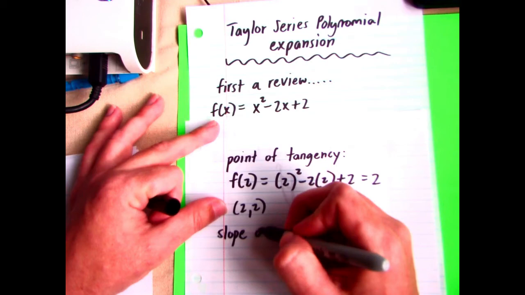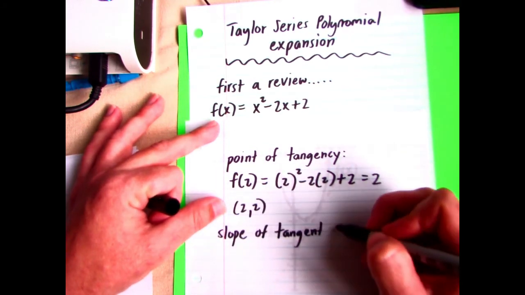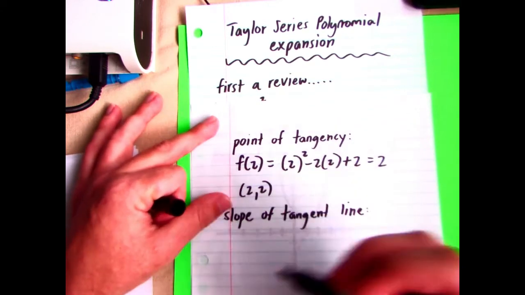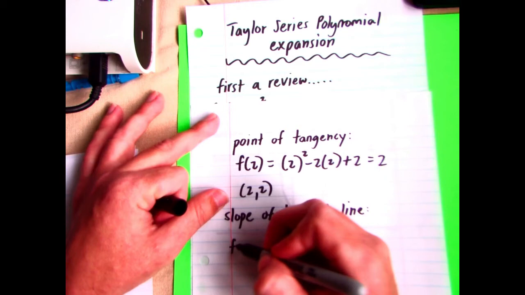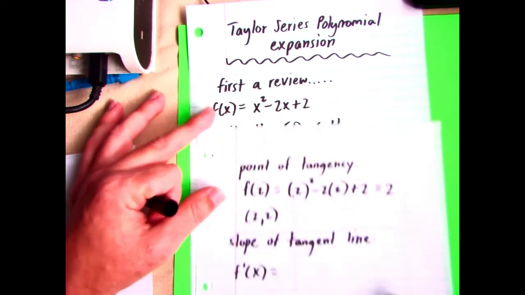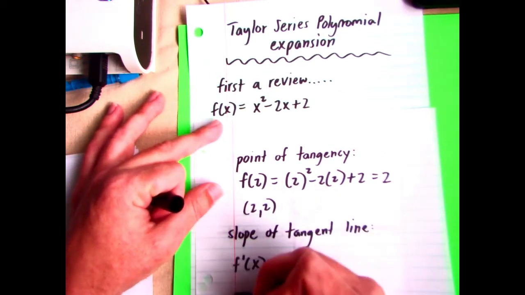The next thing we'll need is the slope of that tangent line. To calculate the slope, we're going to need the derivative. So f prime of x is 2x minus 2.